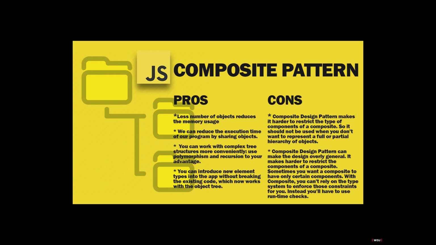I'm trying to get you into that mindset of making your program better, no matter how much memory you're using or how little you could actually implement. It'll be better if you did it just a bit better. And the second one, we can reduce the execution time of our program by sharing objects.